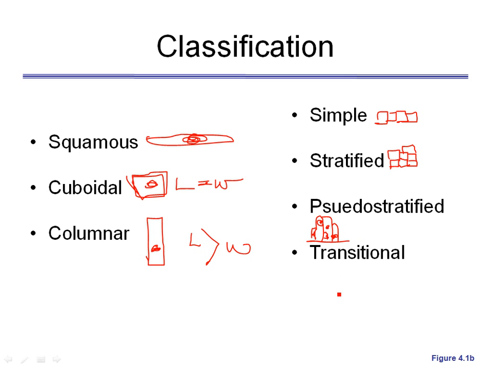Then we have a special case of transitional. In transitional, it's a kind of stratified, but what happens is as you move through the layers, the cells change their shape, and when you get to the surface layer, the cells are very big and domed shape, very round on the top. Well, the beauty of that is this tissue has the ability to stretch.